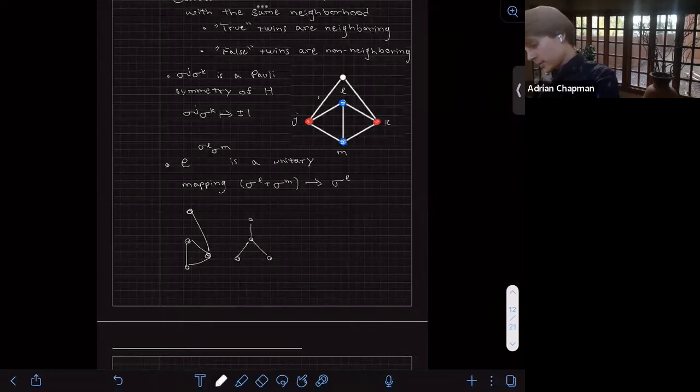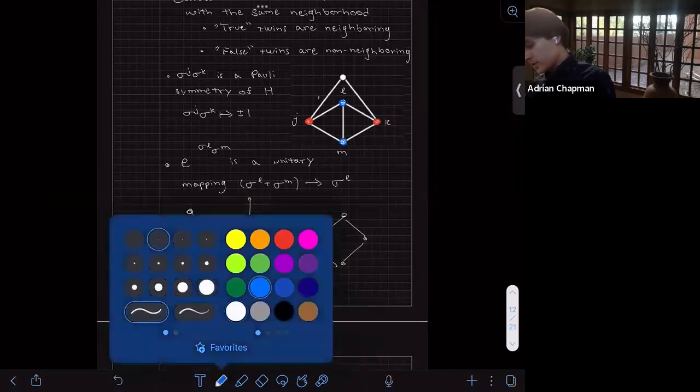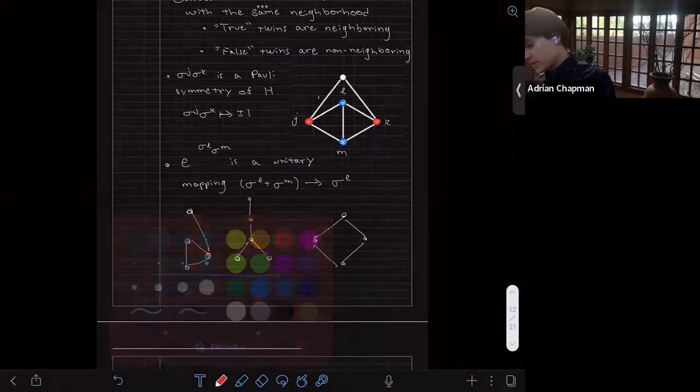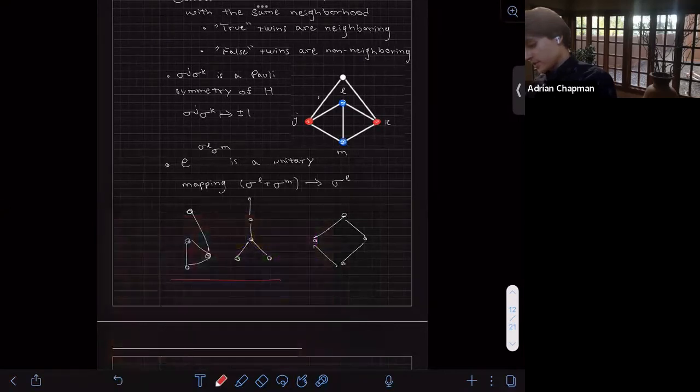And then if I remove the neighboring twins, that gives me a cycle, which is also a line graph. This was the blue case, and this is the red case. Sorry, I've reversed that. This is the red case. This is the red vertex here. This is the blue case. It doesn't matter which one I pick, but it works.